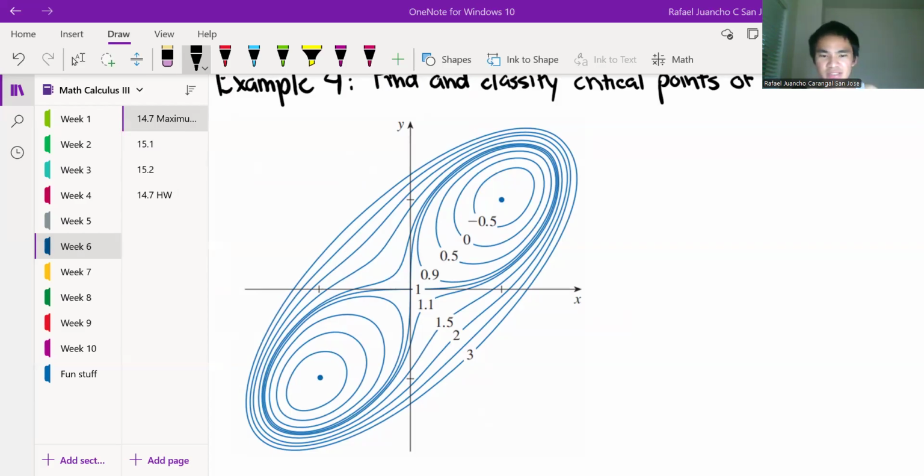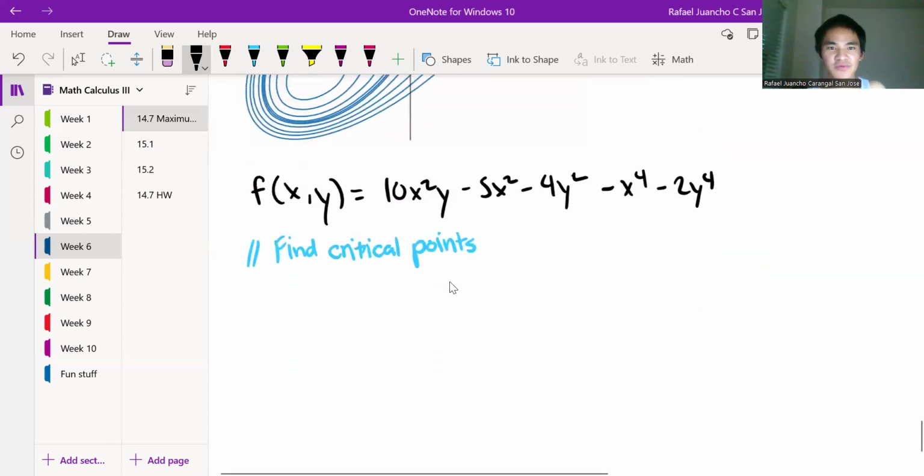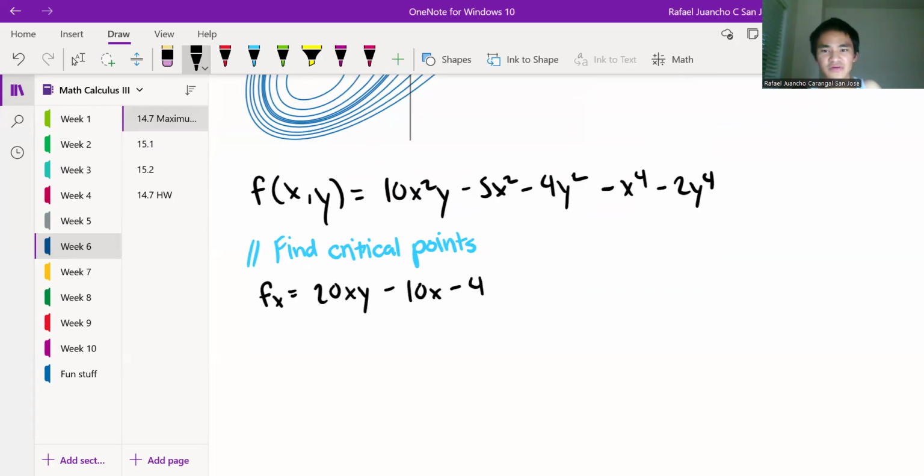Okay, let's see. We have a similar problem though. So the first thing we want to do, based on the textbook, is to find critical points. So again, we do an f sub x here. This is 20xy minus 10x minus 4x cubed.